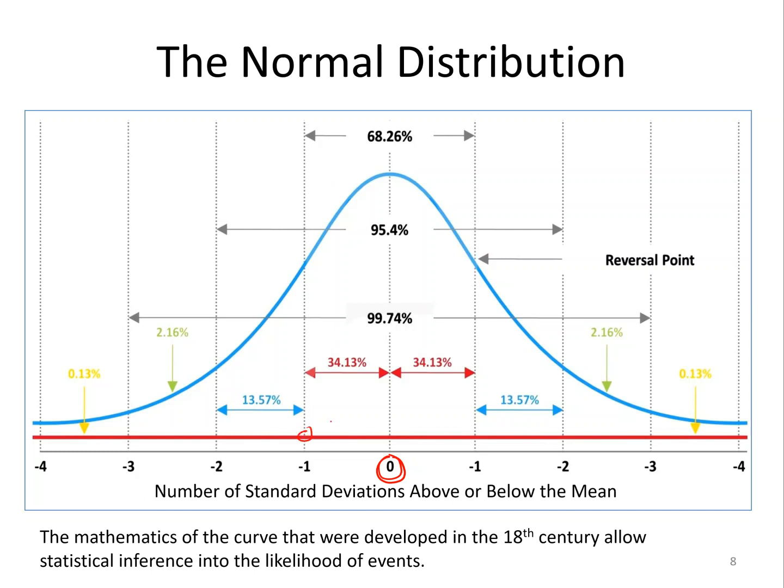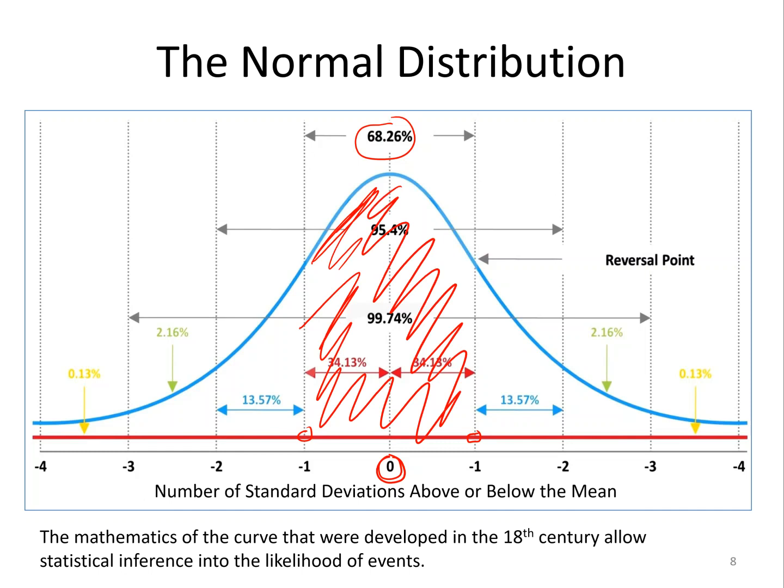We can make an inference that 68.26% of the outcomes, the expected dispersion, are going to be within plus or minus 1 standard deviation of the mean. In other words, the area under this bell-shaped curve between plus or minus 1 standard deviation is going to be 0.68.